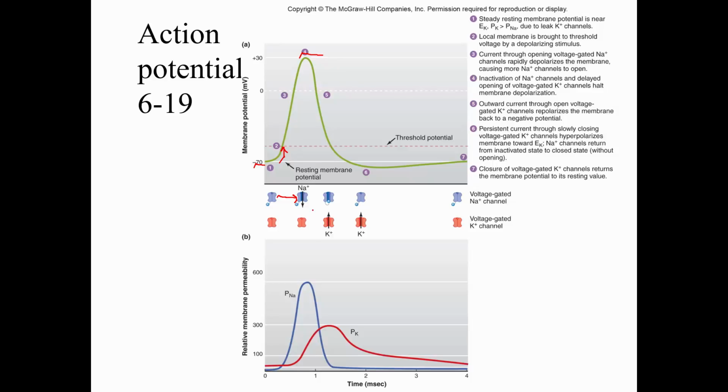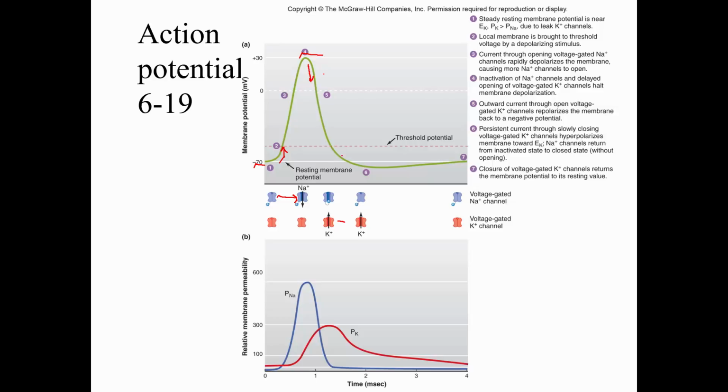At the same time, we open up a second channel, the potassium channel. So we don't depolarize anymore, and now the potassium channels allow the membrane potential to come down. So a depolarizing stimulus opens up a potassium channel, and now we return to a more negative potential.